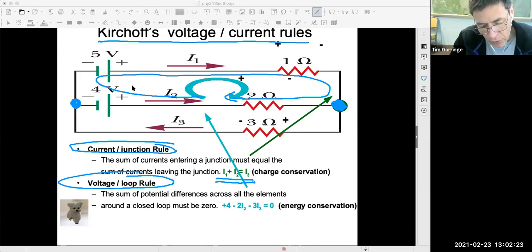The voltage or loop rule says that when you walk around a complete loop in a circuit, so any circuit, you're going to walk around a complete loop. Imagine you're walking around the circuit, you're stepping up in potential, you're stepping down in potential, you're changing your potentials.